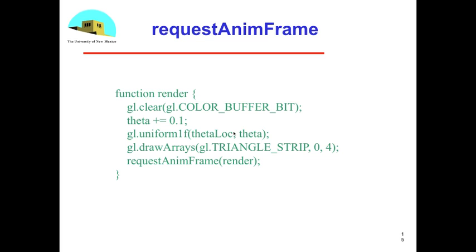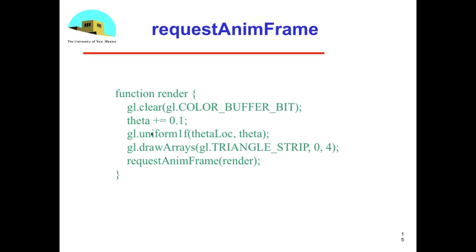The better way is probably to use request animation frame, because that's tied in to the browser, and when the browser is collecting events, it says, okay, the next time you're ready to do an automatic buffer swap, then I want you to execute this function, which is render. So again, it's recursive.